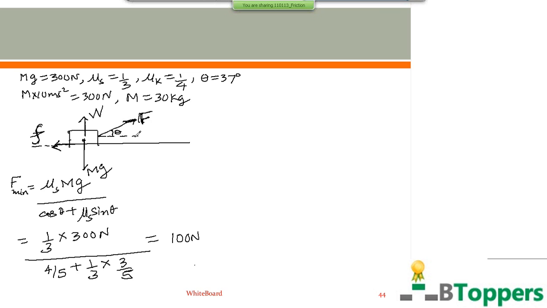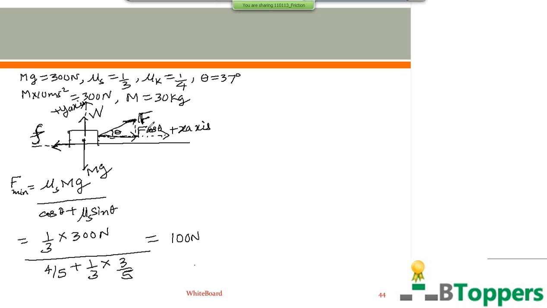We can resolve this pulling force into two rectangular components along the horizontal and vertical directions. So I choose the horizontal direction parallel to the floor as positive direction of x-axis, vertical upward direction as positive direction of y-axis. The pulling force can be resolved into rectangular components parallel to the x and y axes.